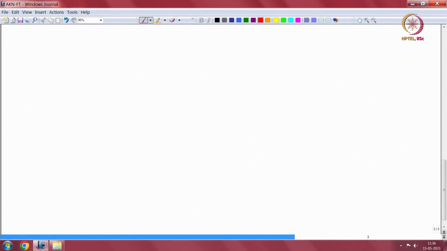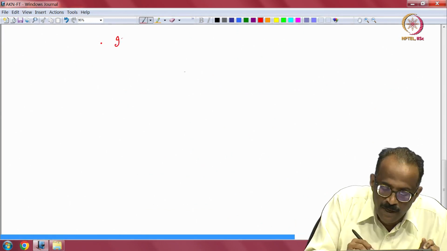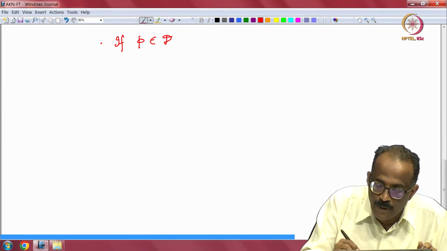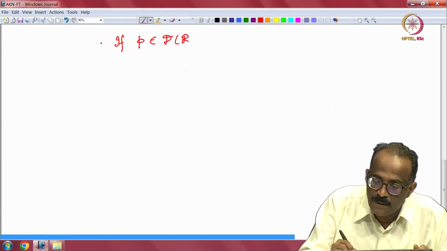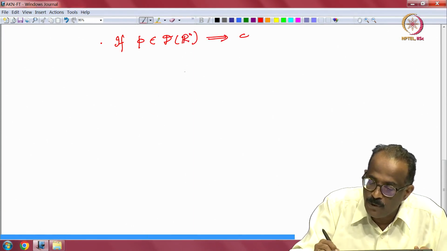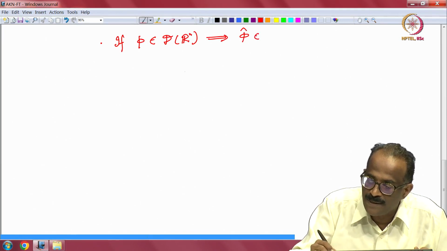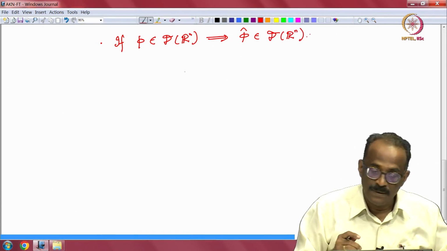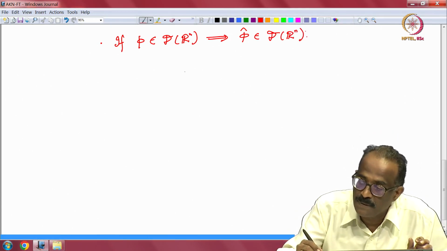So, what do we do? The question is, if φ is in D of R^n, does this imply that φ hat is in D of R^n? That is a big question.